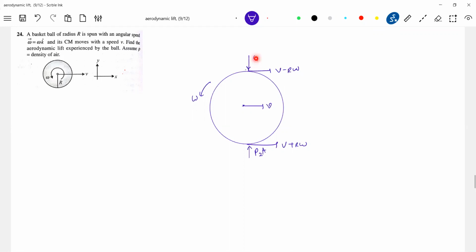Here it will exert a force, P1 into A. So I'll put a condition: air will have more retardation here, and less retardation here.